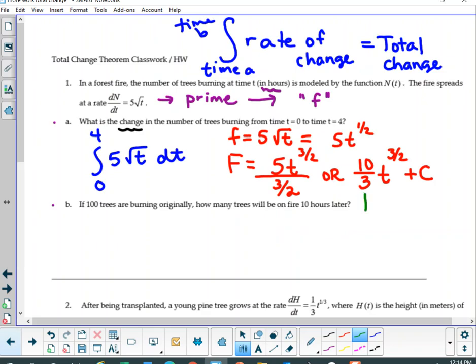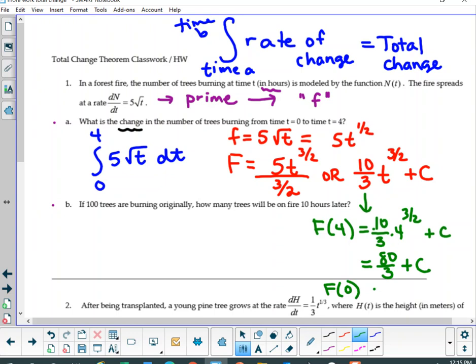Okay, so capital F of 4 is 10/3. Ugh, that's a weird looking number. It's 10/3 times 4 to the 3/2 plus c, which comes out to be 80/3 plus c.